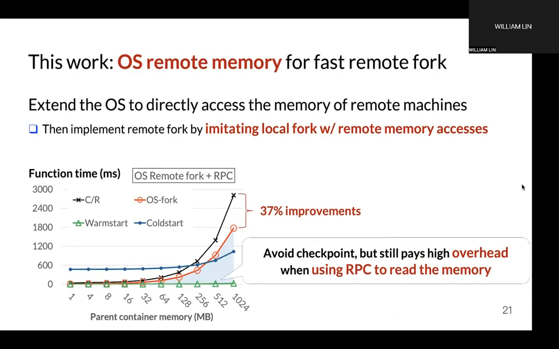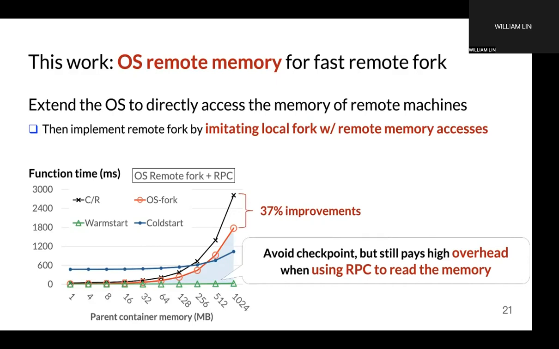Now the OS can implement remote fork by imitating local fork with remote memory accesses. As a result, remote fork can skip the checkpoint phase and the execution overhead of accessing the file system. And we can see that this brings a significant latency reduction compared to checkpoint and restore.